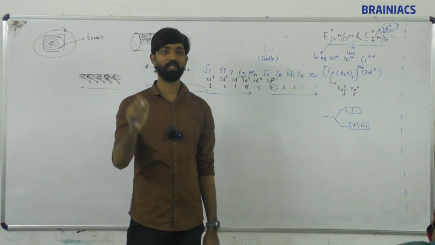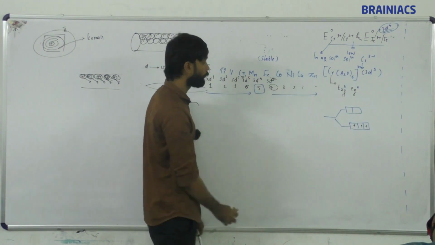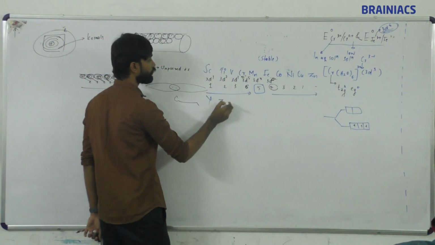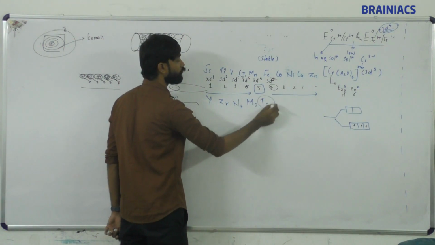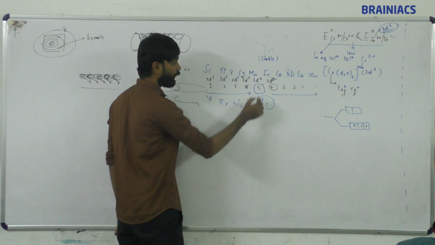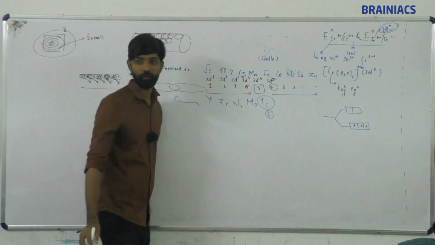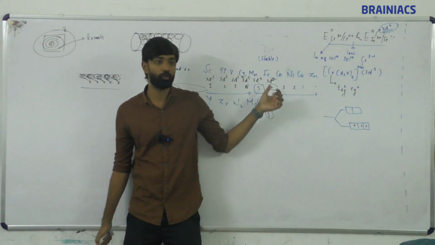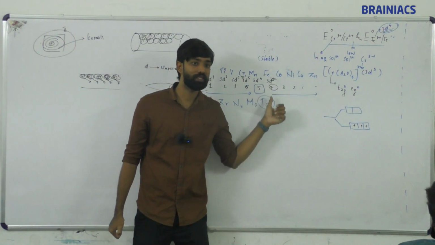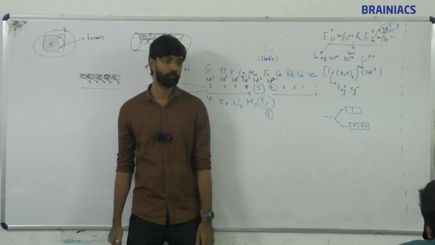There are some exceptions: yttrium, zirconium, niobium, molybdenum, technetium. In the case of technetium and manganese, the availability of unpaired electrons is 5, so we expect a greater metallic bonding, but it is not observed. Why?